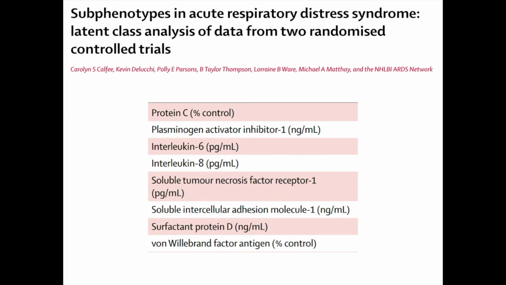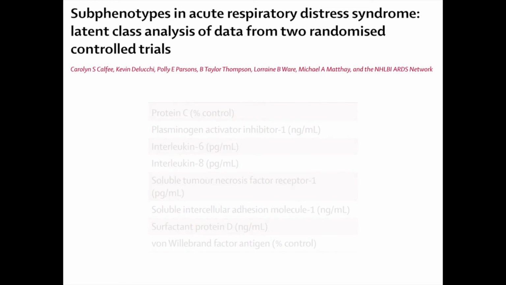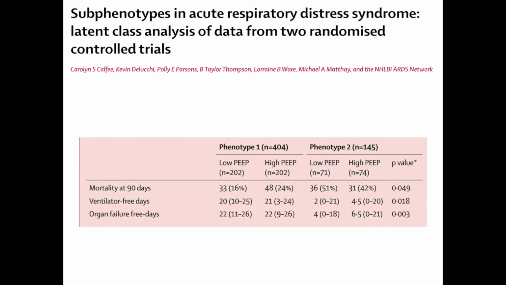And they looked at how they can classify the patients into 2 groups so that we can prognosticate which patient is going to have a worse mortality or response to therapy. So based on this, they classified the patients into 2 groups, phenotype 1 and phenotype 2.